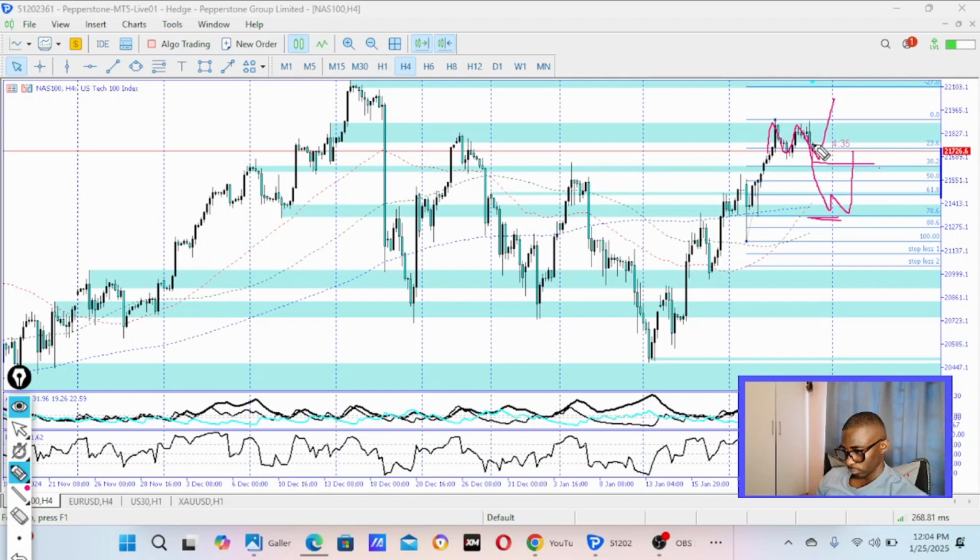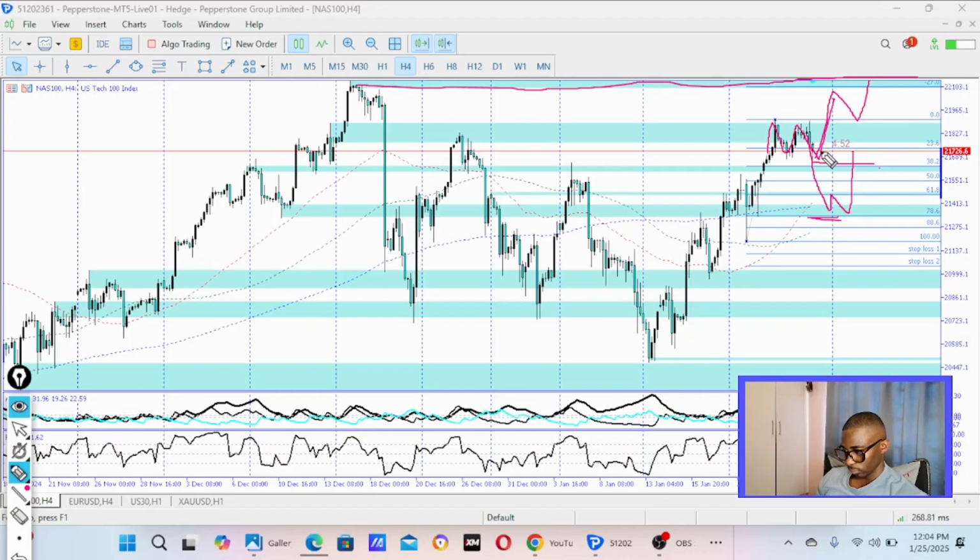Price can also just push up from this point to the daily high.